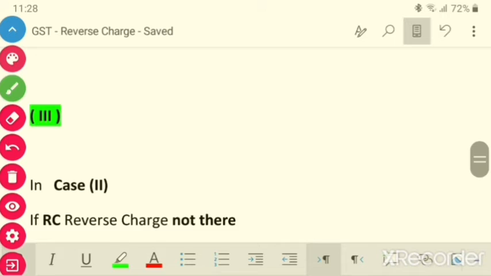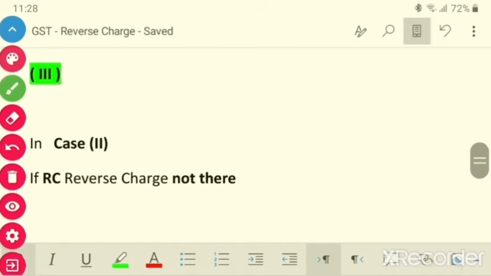Now, let us proceed further. Let us take up case 3. In case 2, if reverse charge was not there, what will happen? Why reverse charge? Suppose reverse charge is not there, what will happen?